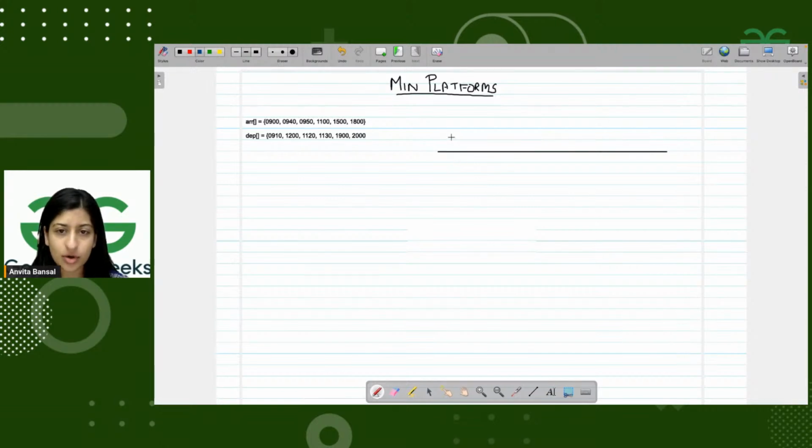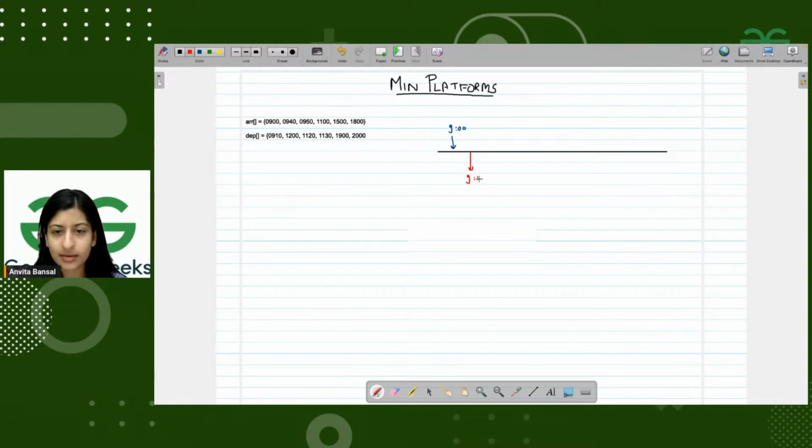So here comes your train 1 at 9:00. Then the corresponding index in your departure array tells at what time the train leaves. So this train leaves somewhere at 9:10, right?